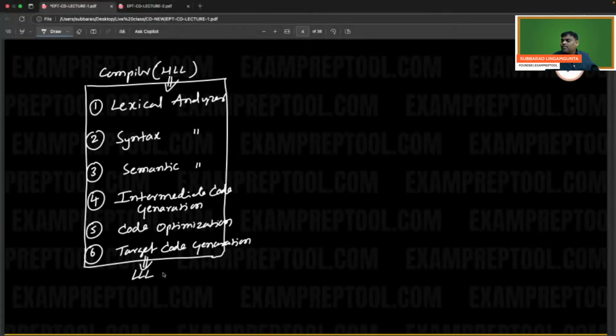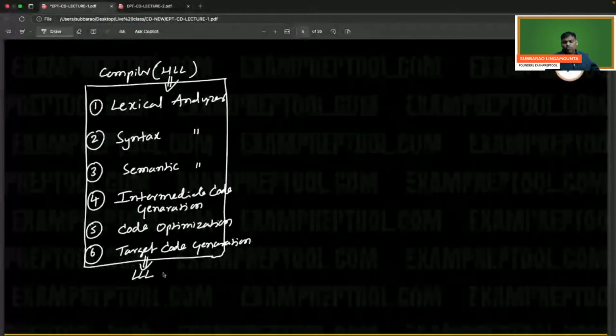But compiler is a program. Because it is a complex task, it is a program of approximately 1 crore lines of code. And 1 crore lines of code without functions has no meaning.